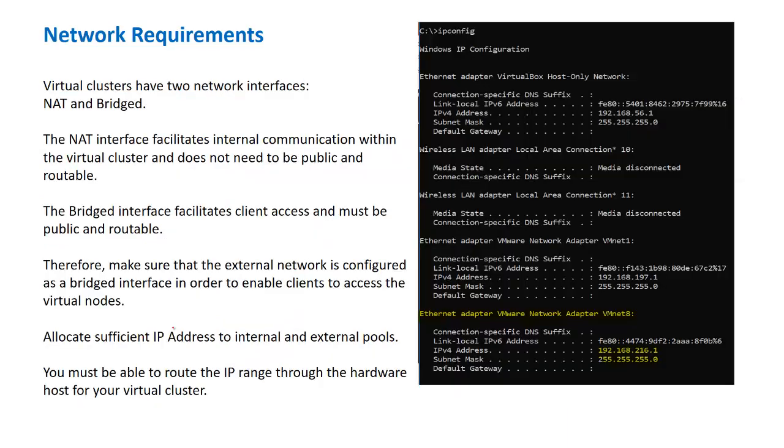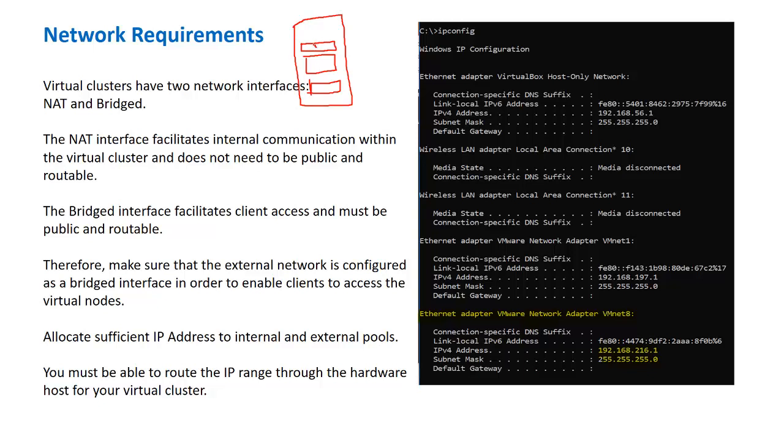Now network requirements. As mentioned earlier, we are going to implement 3 ISILON nodes, right? So 3 nodes to build a cluster. Each node will have internal network interfaces.